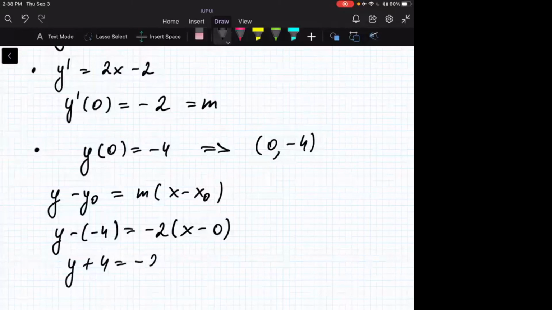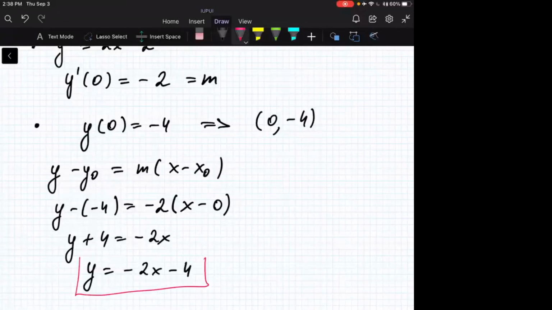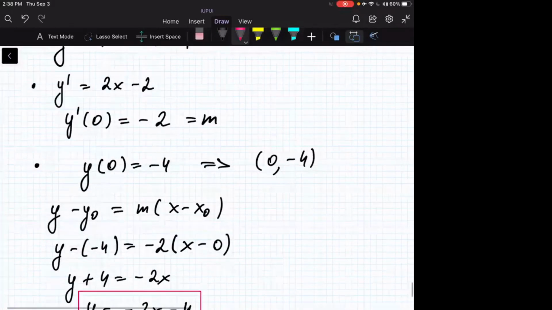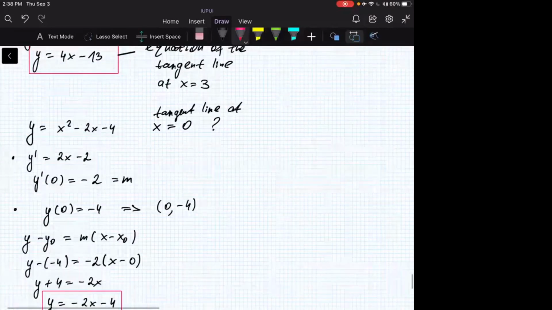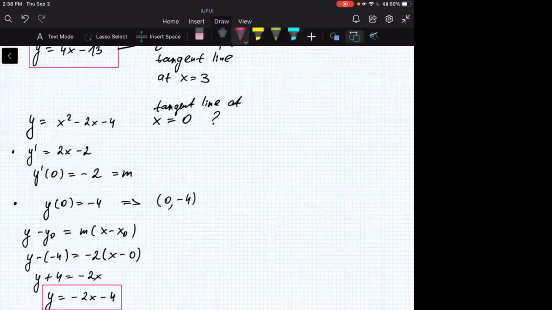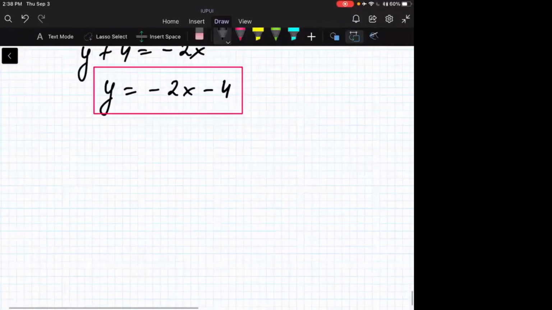So I get that y plus 4 is equal to minus 2x. So y is equal to minus 2x minus 4. So what I wanted to say one more time is that we get a completely different tangent line. I just change the point where I'm calculating the tangent line, and you see that these two lines are completely different. And in fact, you can see it even on the graph.